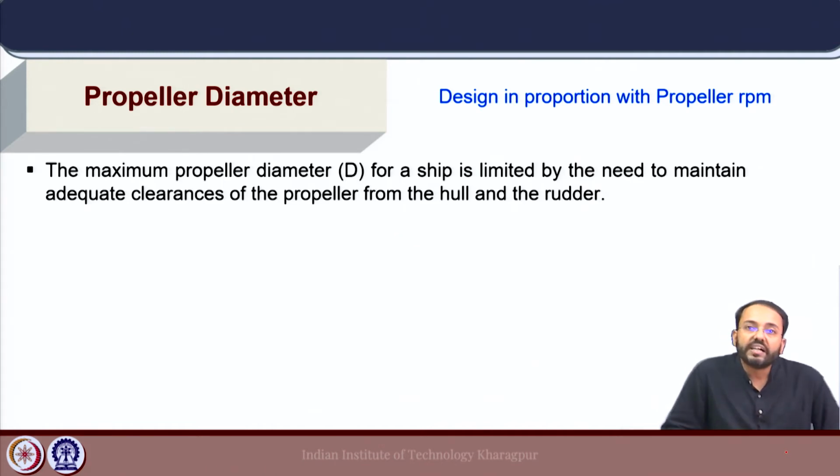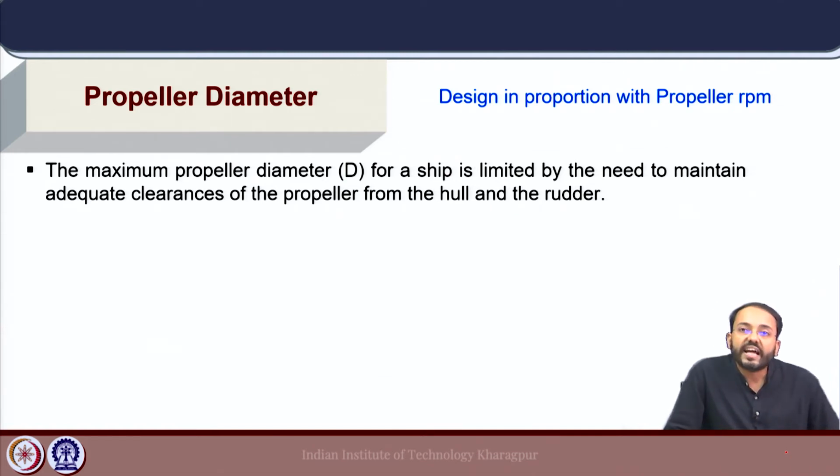So, propeller diameter is a very important aspect of propeller design. In certain design procedures that we will see, the propeller diameter is one of the prime outputs, and also depending on the design requirement, diameter can also serve as an input parameter.